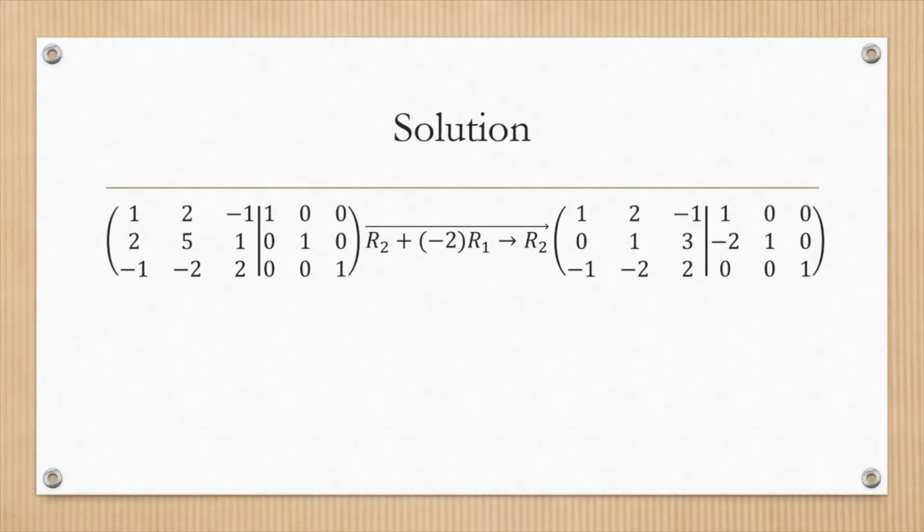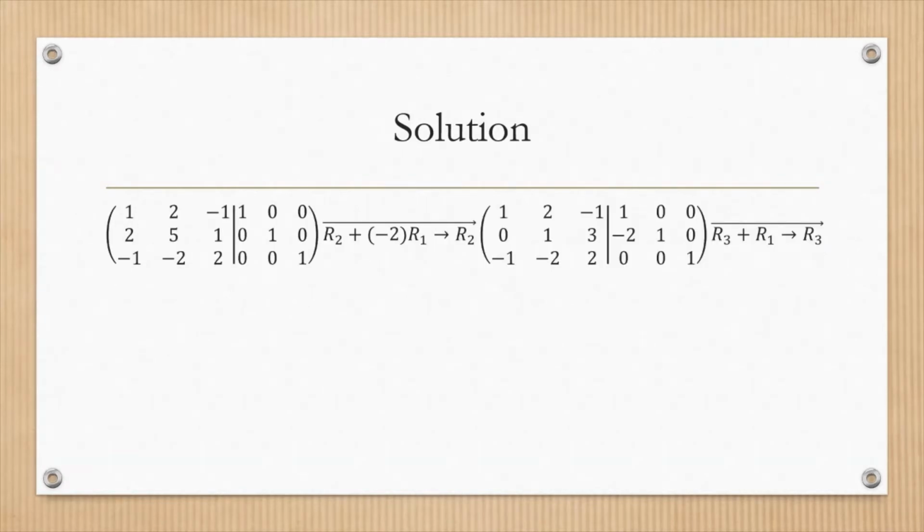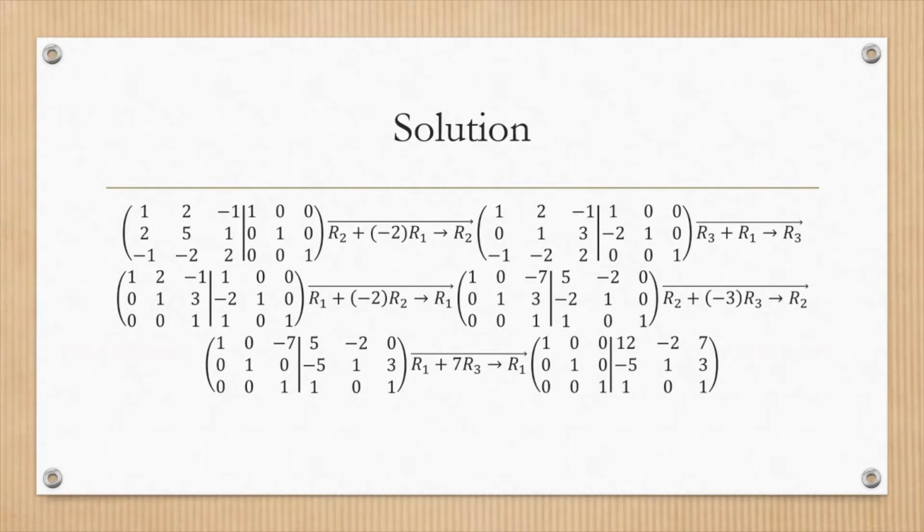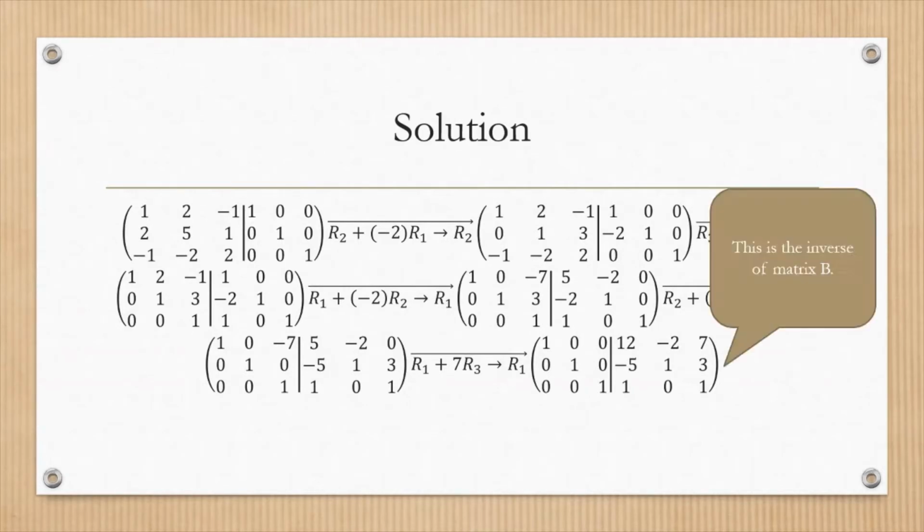We continue with the next operation and the next one until, at the end, as you can see, the matrix B has now become an identity matrix, and the right side, which was originally the identity matrix, now has different values in it: 12, -2, 7, -5, 1, 3, 1, 0, and 1. Therefore, this is the inverse of matrix B. This is the answer to our question.